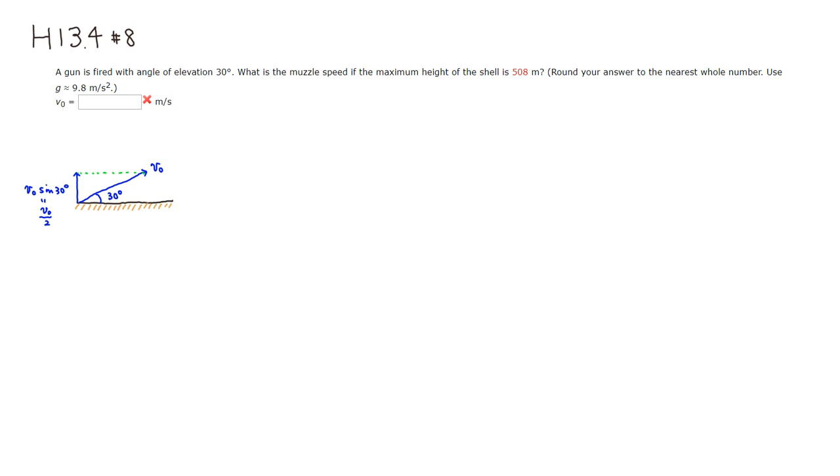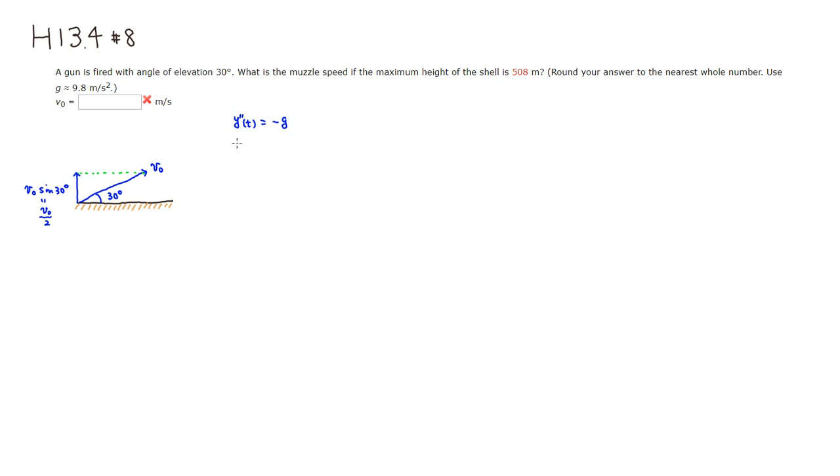If you look at the acceleration vertical component, y double prime of t is going to be due to gravity, so it's going to be downward, so it's negative g.